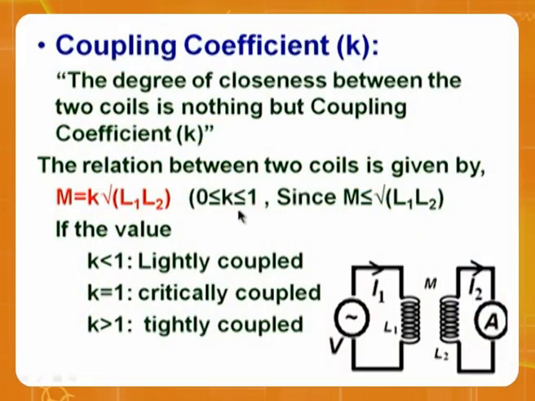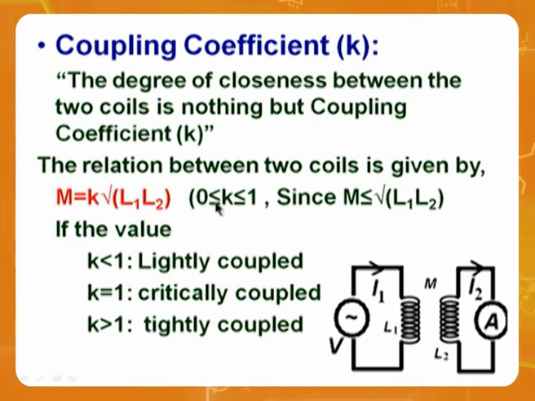That's why mutual inductance is defined as K into root of L1 L2, where L1 and L2 are self-inductances. When two self-inductances are brought together, you have mutual inductance. So mutual inductance is K into root of L1 L2.